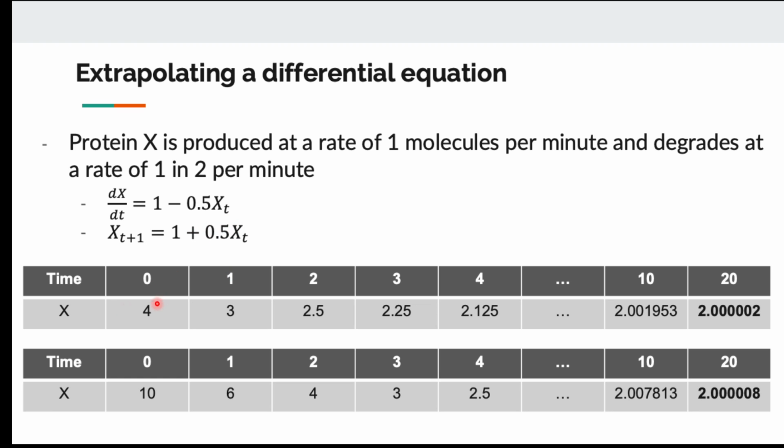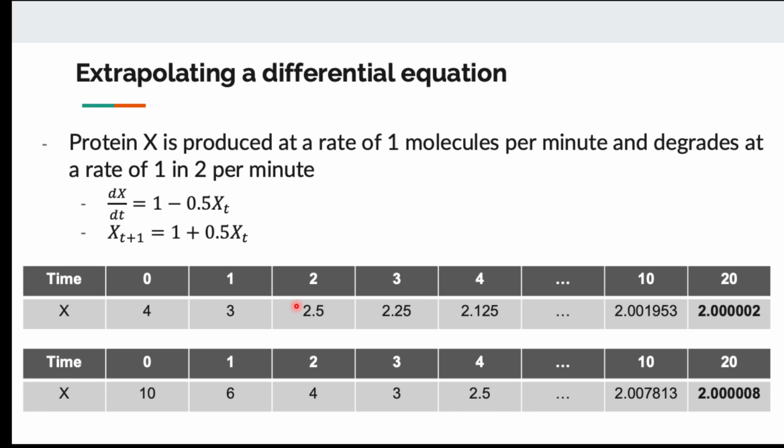But then because of these 4 molecules of protein, half of them are also going to be lost due to degradation. So 4 molecules, we lose 2 and we produce 1, so we have 3. And when we have 3 molecules, we lose half, we lose 1.5, and we produce 1, so we get 2.5.